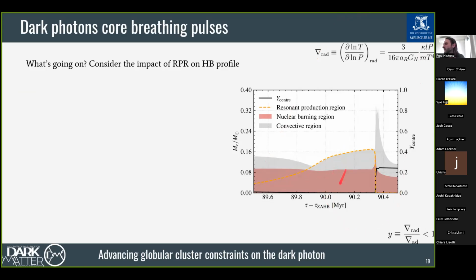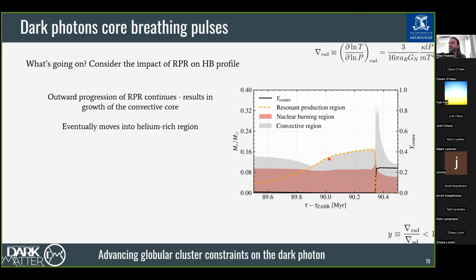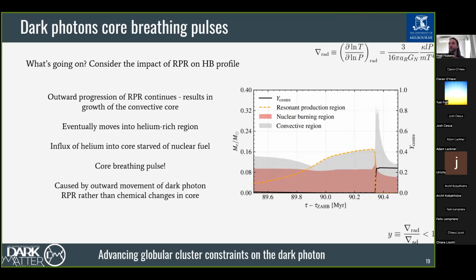And so we can have a look at what happens as this evolution progresses. As the central density increases towards the end of the phase, the resonant production region continues to move further outwards. And so this results in the growth of that convective core. Eventually that growth can cause it to move into the helium-rich region, which can then bring an influx of helium into the core, which, if you remember, is starved of nuclear fuel. And this is exactly the recipe for a core breathing pulse.